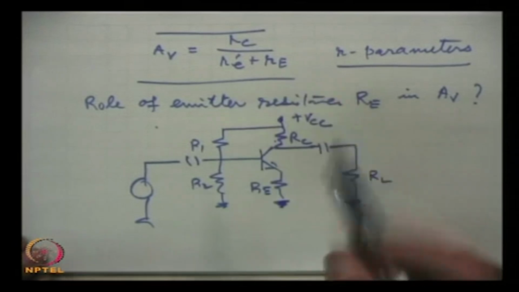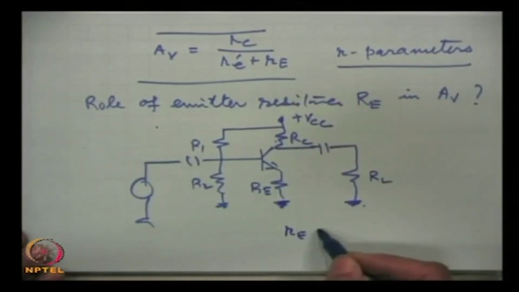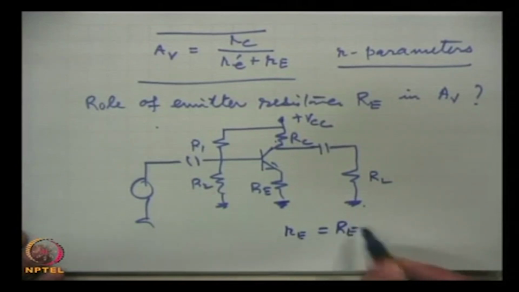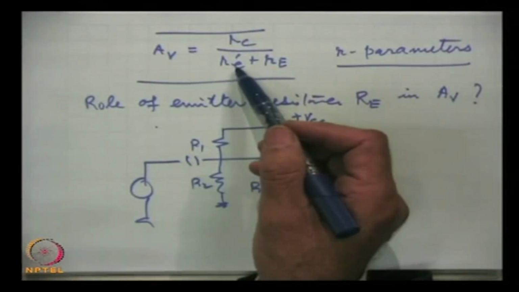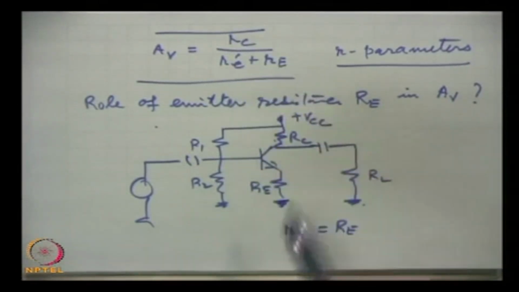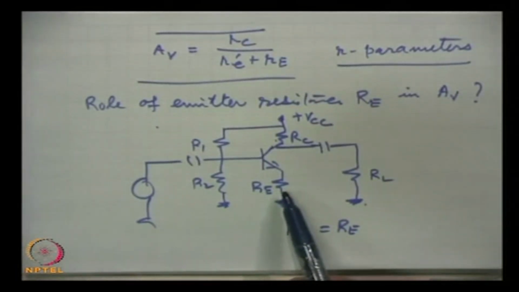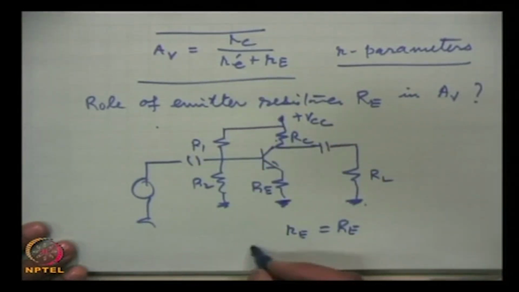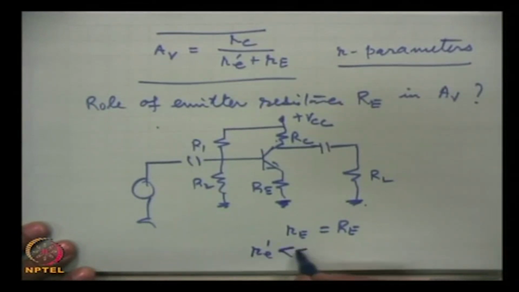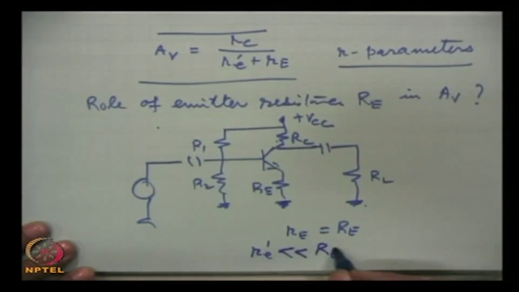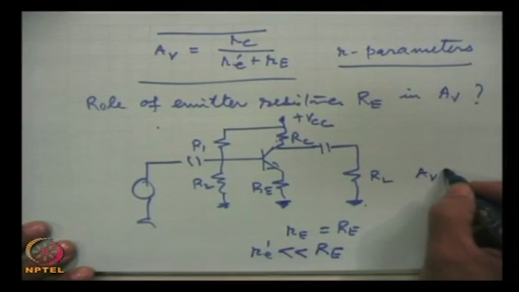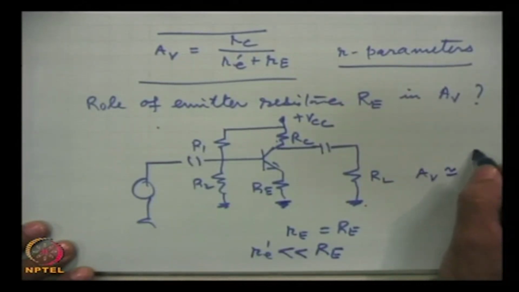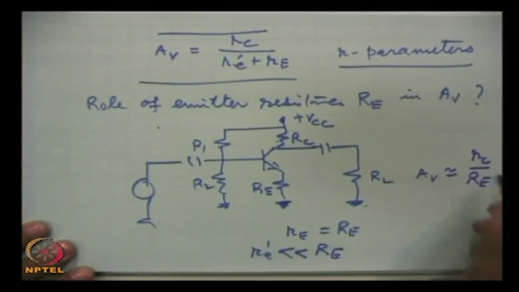In that case, this Re will be equal to Re, and this dynamic resistance is only a few tens, just 10, 15, 20 ohms, and this Re we will be using say 500 ohms, 800 ohms, 1 kilo ohm. So, we can neglect Re prime in this case, as it is very small in comparison to the resistance which we are using. Then the voltage gain will be close to Rc by Re.